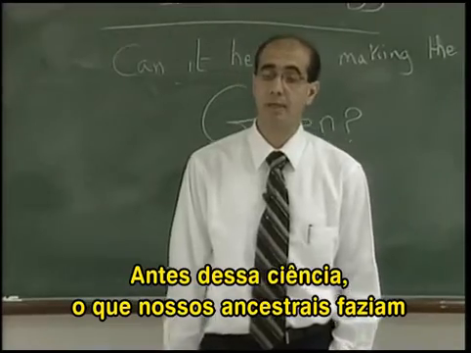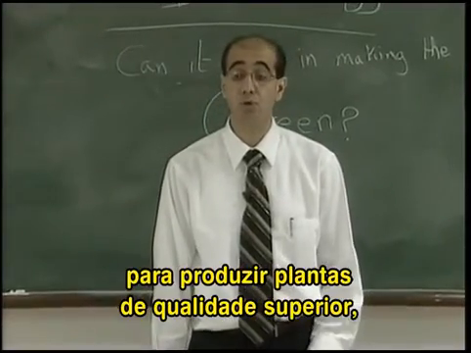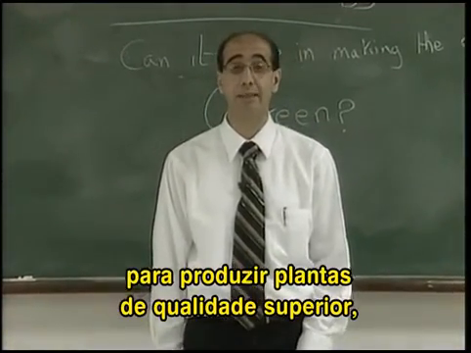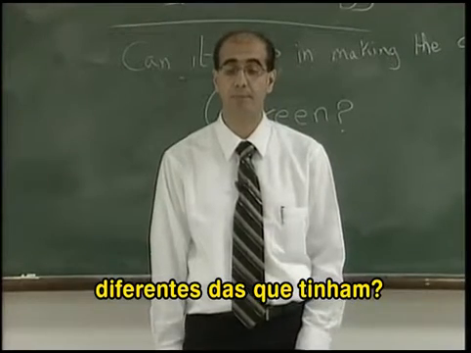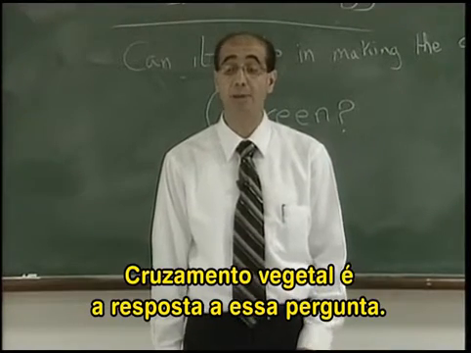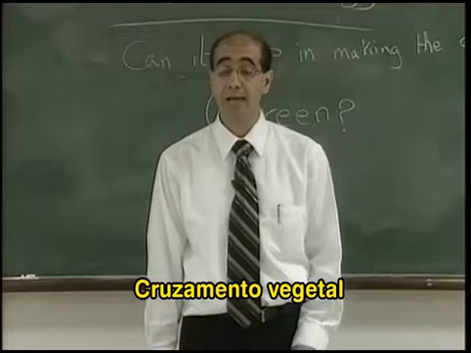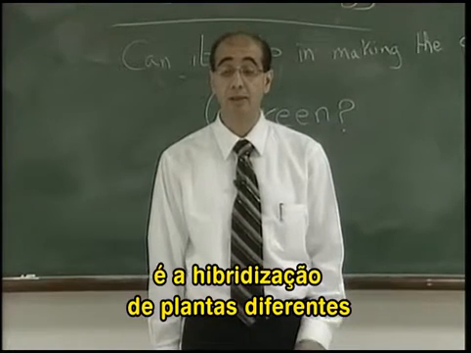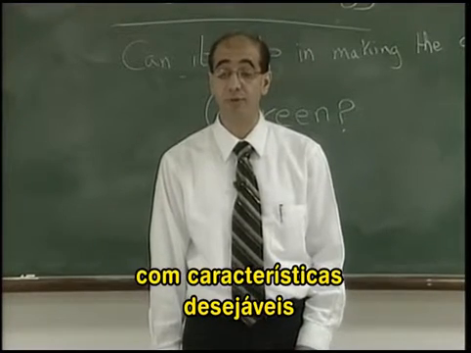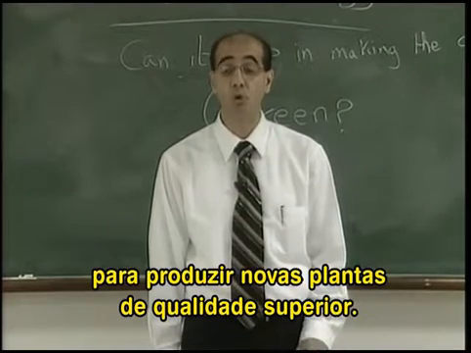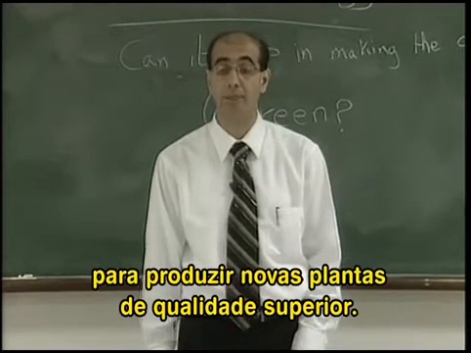Before the birth of this science, what did our ancestors use to do to produce plants with superior quality that they did not have otherwise? I guess plant breeding holds the answer for this question. Plant breeding is about hybridizing different plants with desirable traits from different varieties to produce new plants of superior quality.